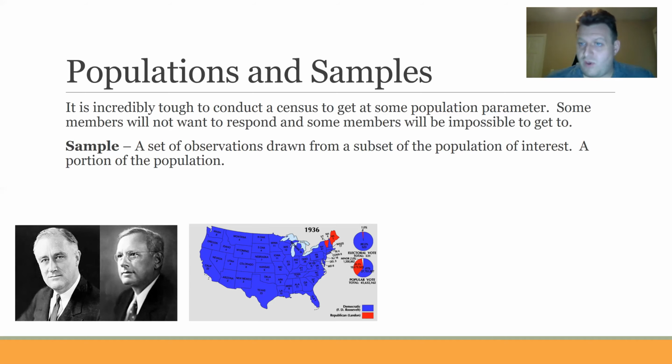The problem with the Literary Digest was that everybody who was able to afford the Literary Digest was pretty wealthy. Since everybody who wrote in was fairly wealthy, it wasn't a good sample of the population. It wasn't representative of the true nature of the population.